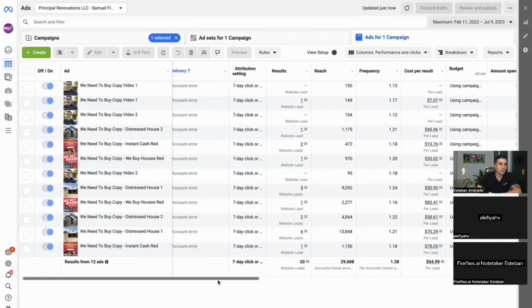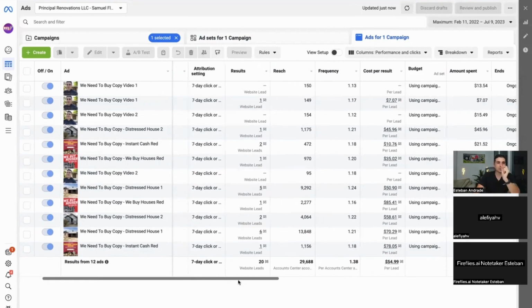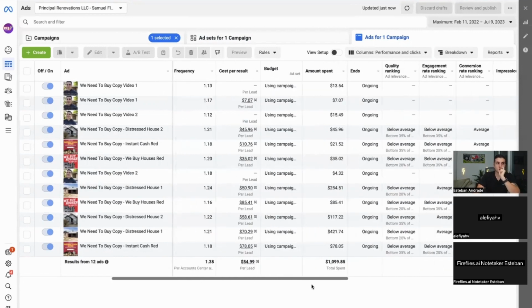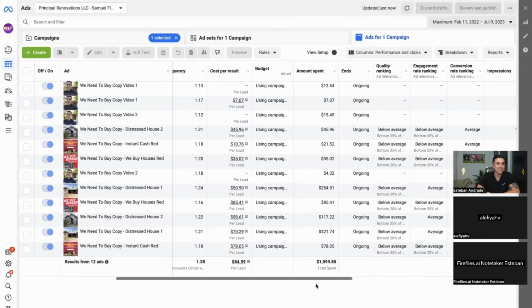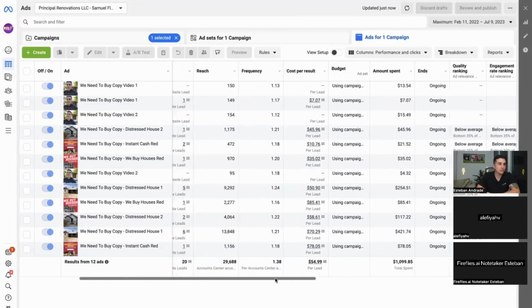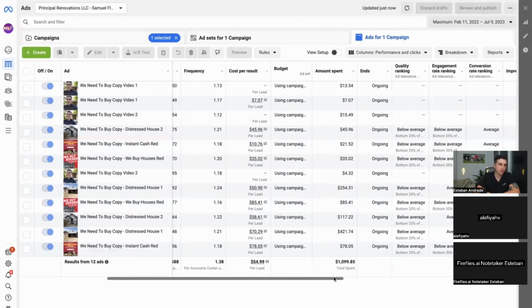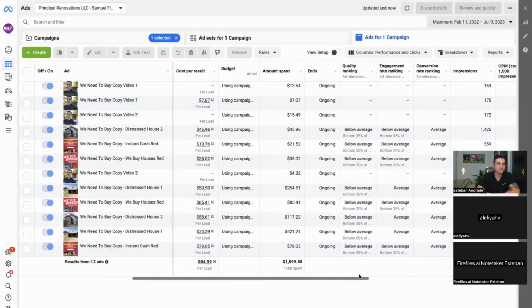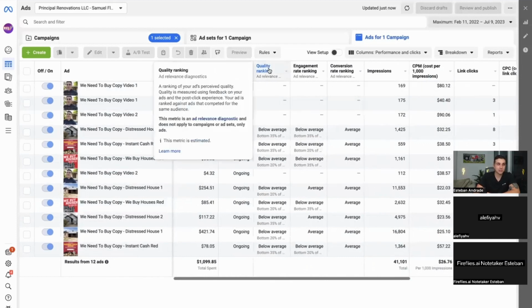And as you can see, the overall metrics just get a little bit smaller and smaller because we're looking at it in a more granular level, right? We were talking about cost per result, which is cost per lead in this case, or cost per website lead or whatever. But now let's take a look at quality ranking right here.